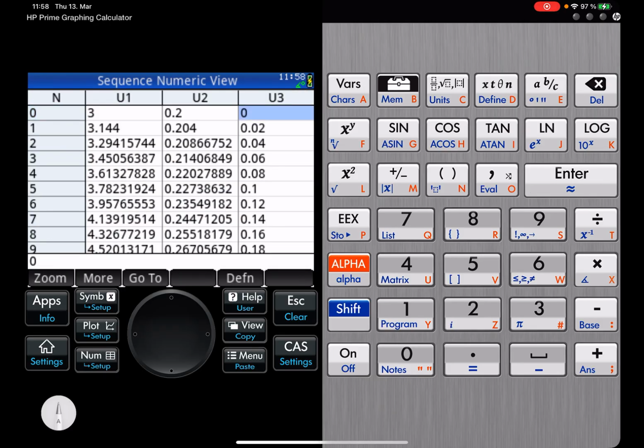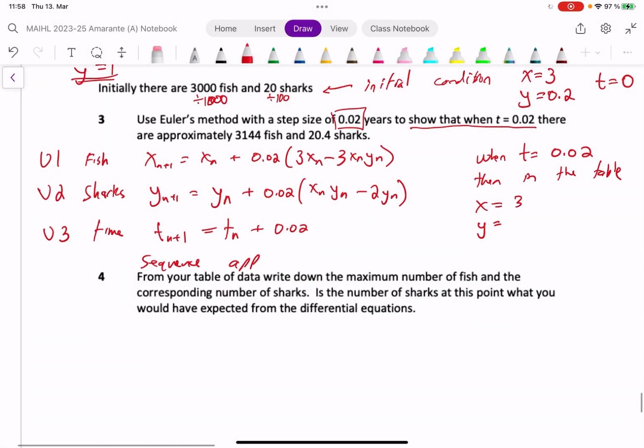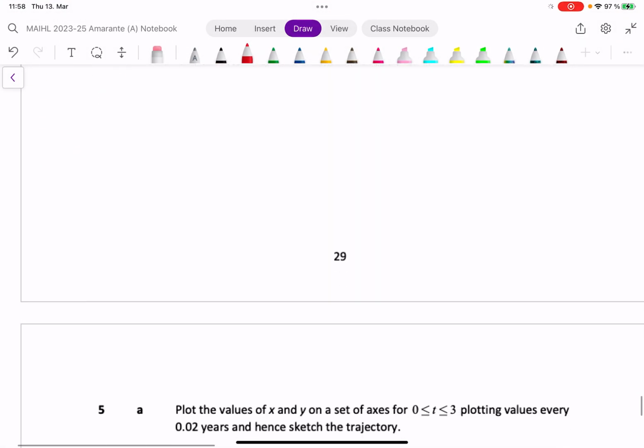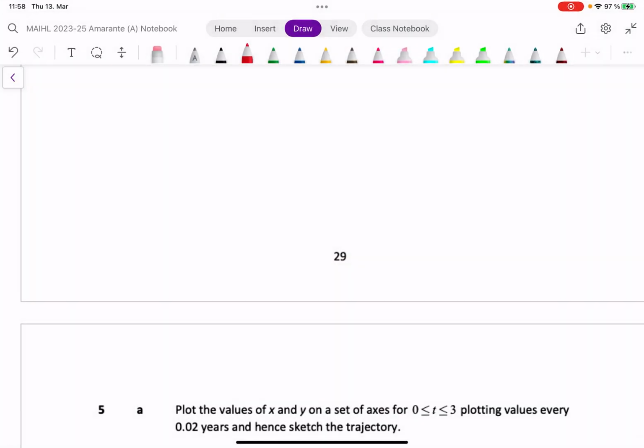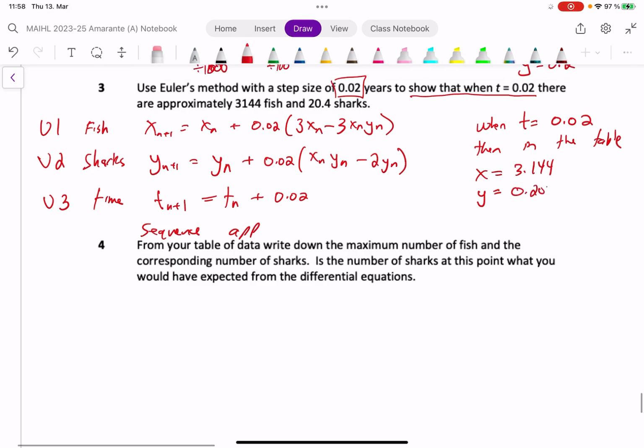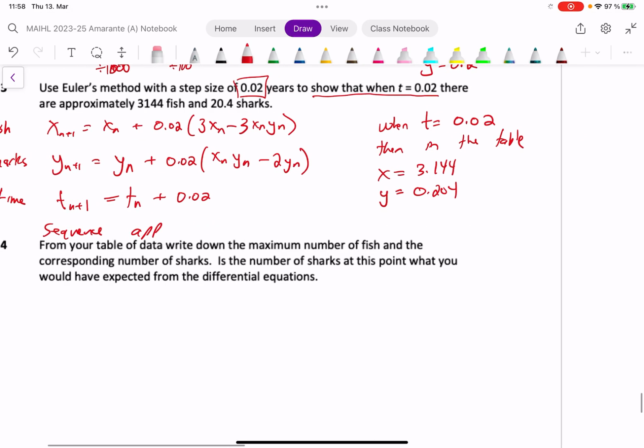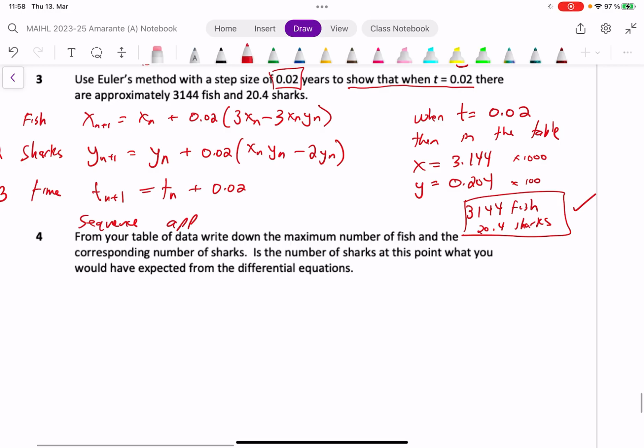Now it has my correct step size, right? So when that u3 is t, so when t is 0.02, I have 3.144, and y is 0.204. But remember, to find my fish, I need to multiply by 1,000, and my sharks, I need to multiply by 100. So that times 1,000 is 3,144 fish, and that times 100 is 20.4 sharks. Right, so I've shown that I got the same answers that they said we should.